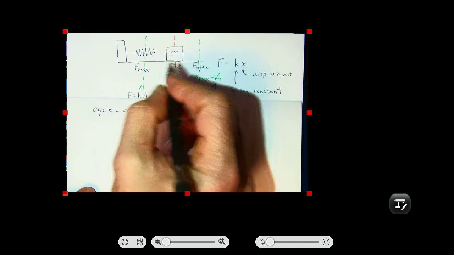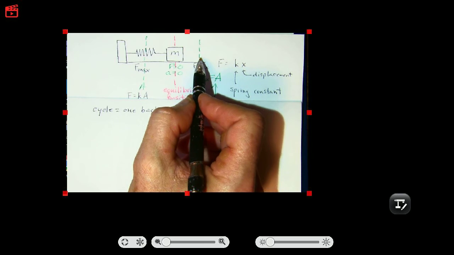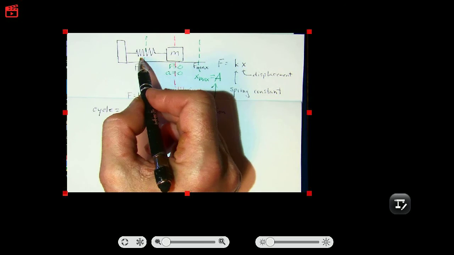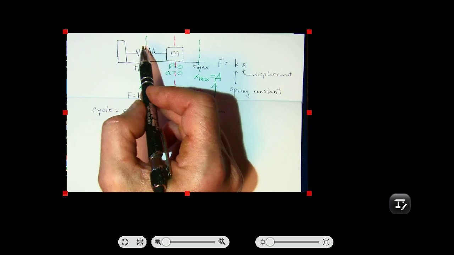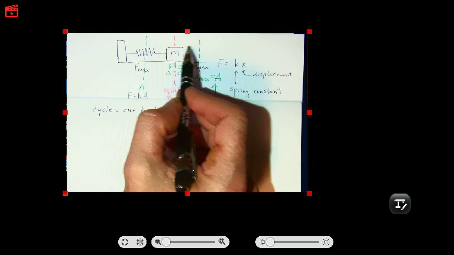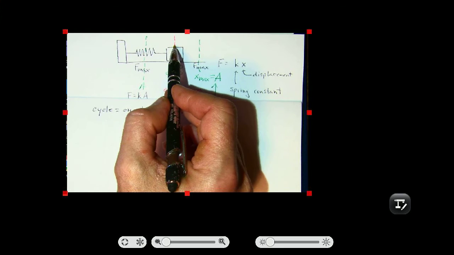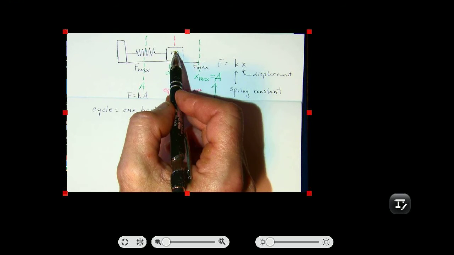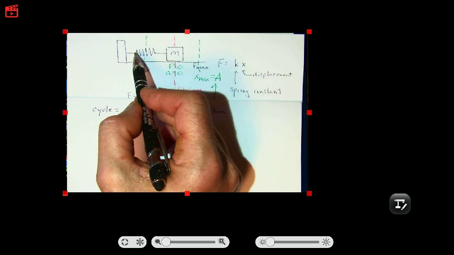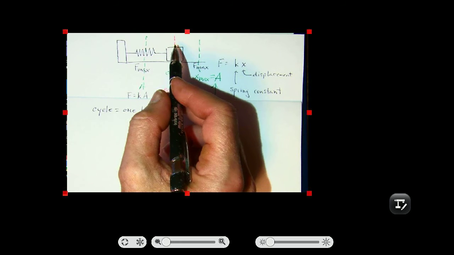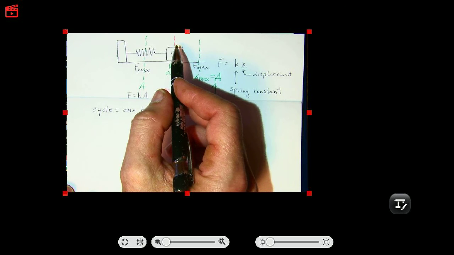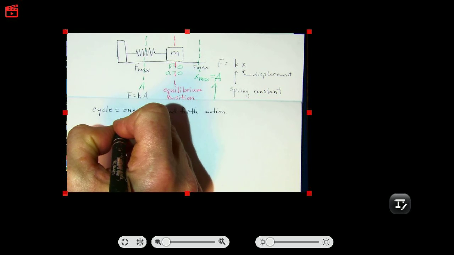And it doesn't matter if we're talking about going from here all the way back here and back to the starting point here. If I go from here, there, or the equilibrium position both ways and then back to the starting position, all of those are considered one cycle.